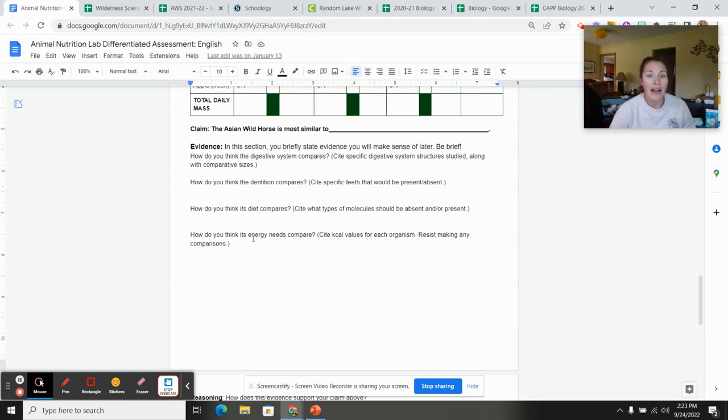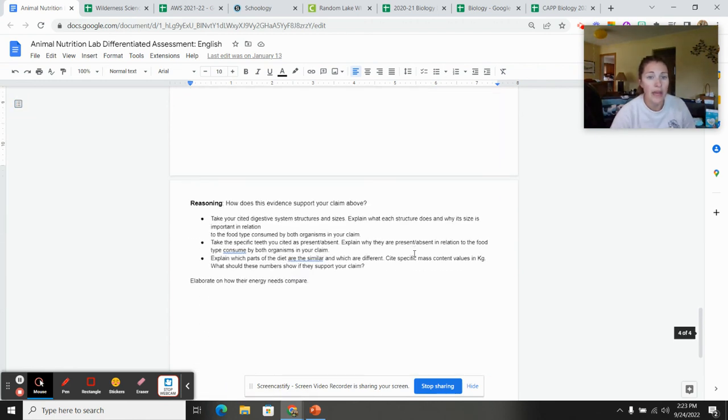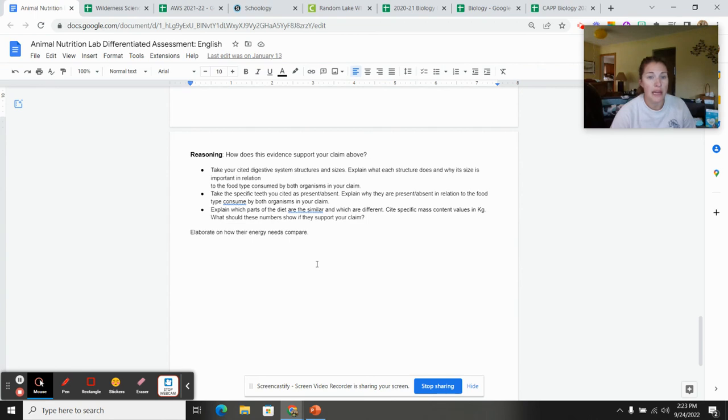What do you think? On here, it says resist making any comparisons. So, what that means is they're not necessarily going to be the same. So maybe try to look up the size differences. So how do you think those energy needs are going to compare?